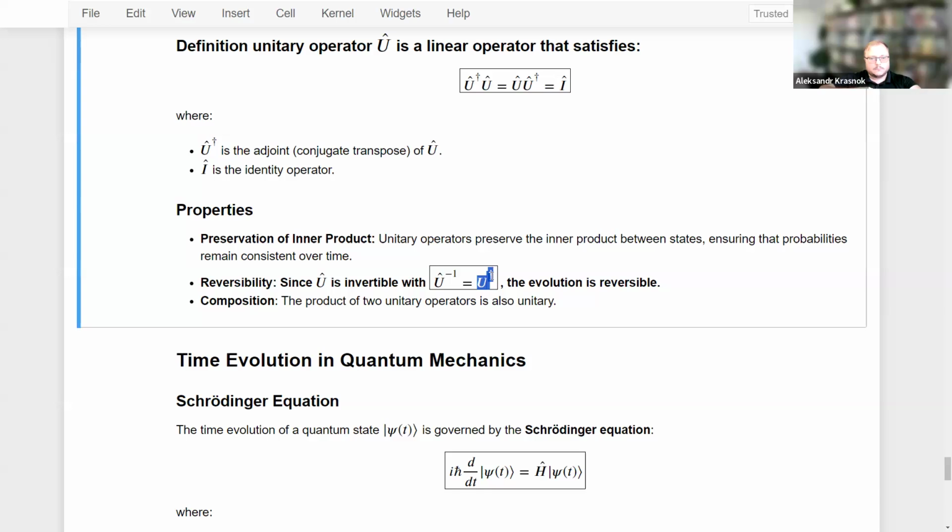Why time reversible? Simply speaking, it's because complex conjugation reverses the physical process in time. Remember, for example, a wave, e to the power of i omega t. If you take the complex conjugation, it will be minus i omega t. So it's kind of the same process, but reversed in time.